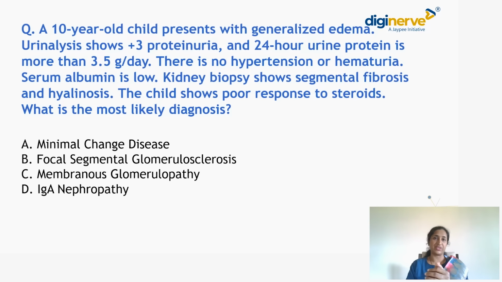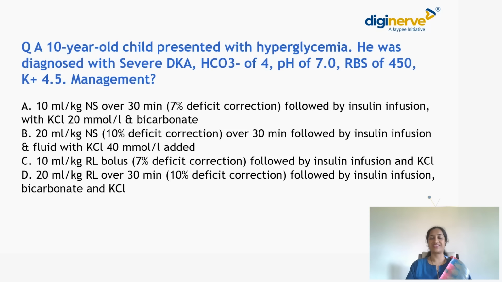That is IgA nephropathy. Along with pharyngitis, the child is having hematuria. This is not even a condition like that. Hence, IgA nephropathy is also the wrong answer. In fact, that's the DD for hematuria or nephritic syndrome. So here, obviously, the answer will become B, focal segmental glomerulosclerosis.